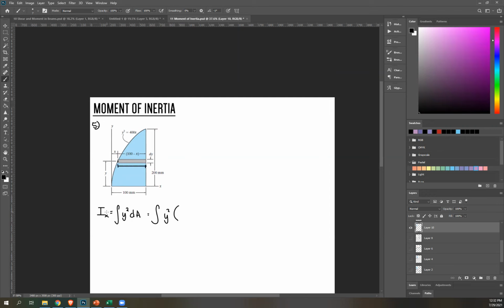It's not just 100, it changes. For all the points along this line, it's just x distance away from your y-axis. That's how your equation works. So if we're just looking for the length of this, it's this total value, 100, minus x.